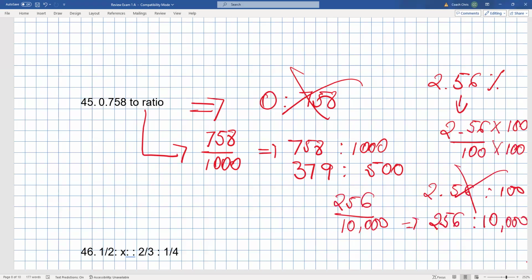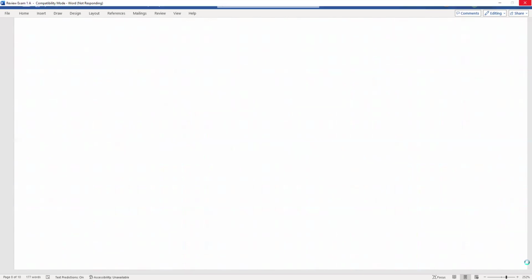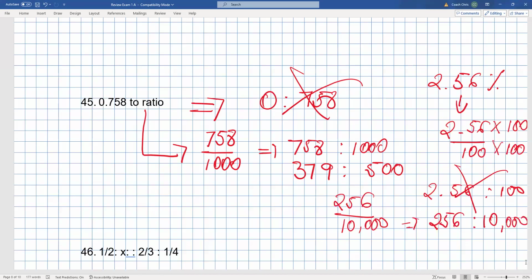So if you do that, let us simplify 10,000 over 256.